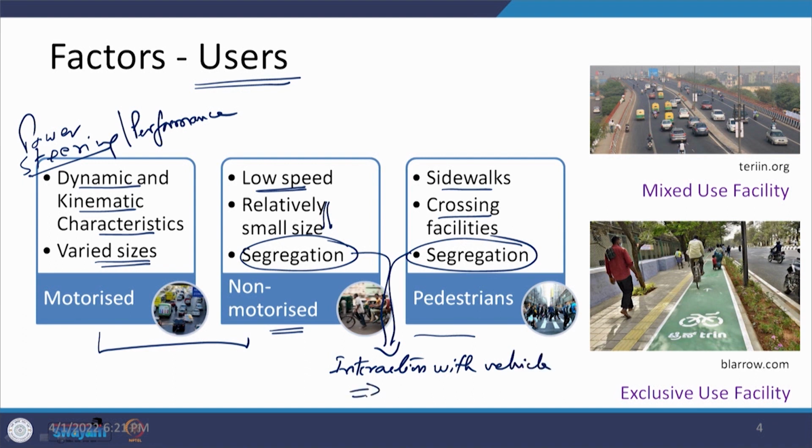So, it may cause a safety concern, and this safety concern is going to be more for the non-motorized or the pedestrian people rather than for a vehicle. And that is the reason that these two categories are also being defined as vulnerable road users.